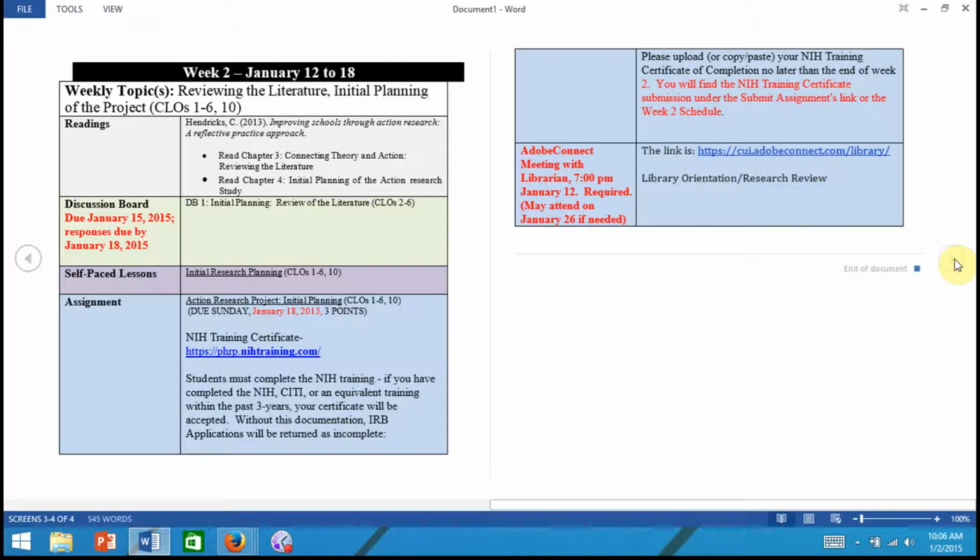Week 2. We have 2 more chapters in Hendricks to read. There is a discussion board topic due January 15th with responses on the 18th. Again, the self-paced lesson on initial research planning will really help you address the discussion board topic.